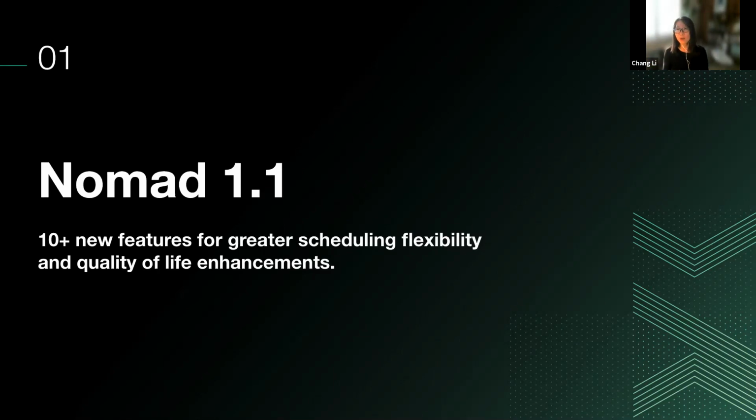So for 1.1, the team is not chasing the next shiny big features, but really doubling down on scheduling flexibility and further improving operational simplicity to improve the quality of life for operators. It's about maturing, polishing, and enhancing the big features we shipped last year.